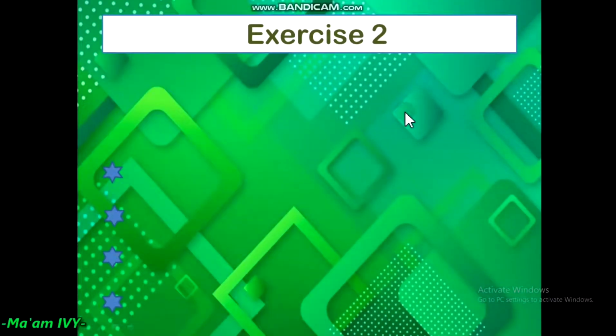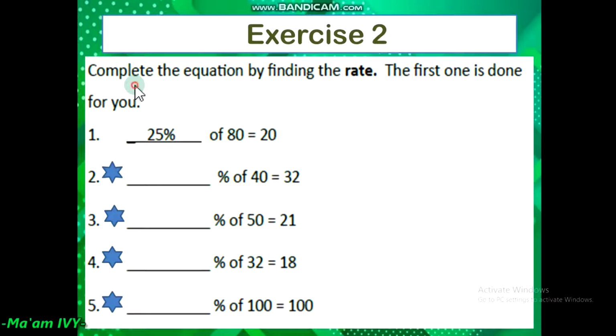Let's proceed to exercise 2. Complete the equation by finding the rate. The first one is done for you. For number 1, you have at the blank 25% of 80 is equal to 20.